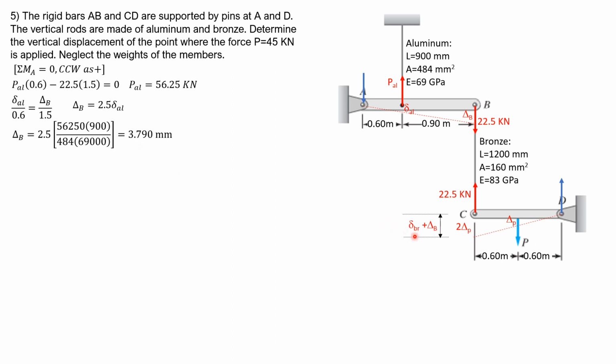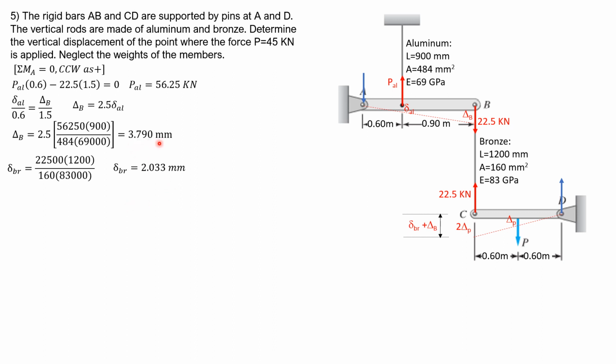Next, let's compute the elongation of the bronze bar. It is equal to 22,500 times the length, 1,200, over area 160 times 83,000 megapascals. So the deflection in the bronze bar in mm would be equal to 2.033 mm.